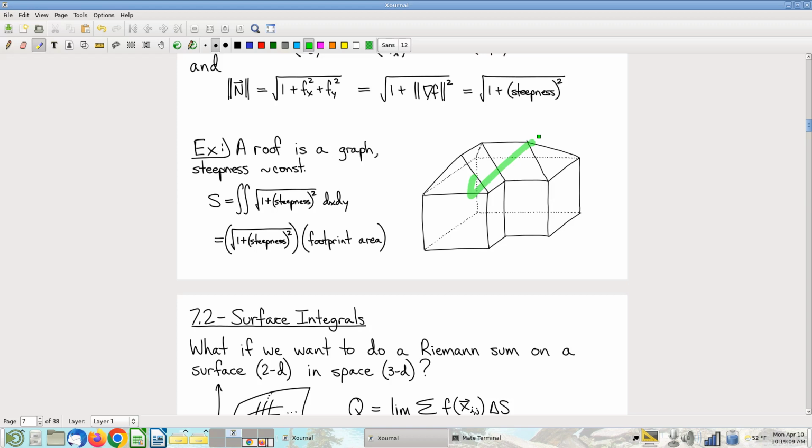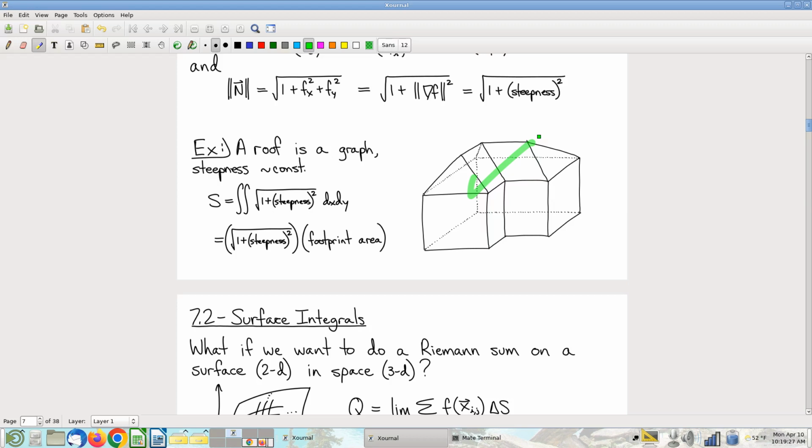And if you were to want to compute the area of that, now why in the world would we ever want to compute the area of a roof? When's that going to come up? Well, someday, if you ever own a home, you're going to have to pay to have someone put new shingles on your roof, and you're going to be shocked how expensive that is.